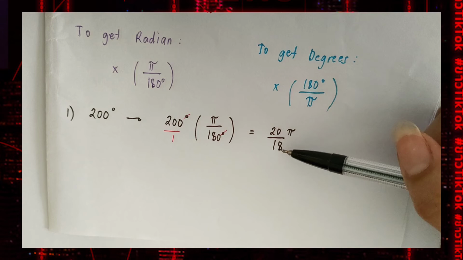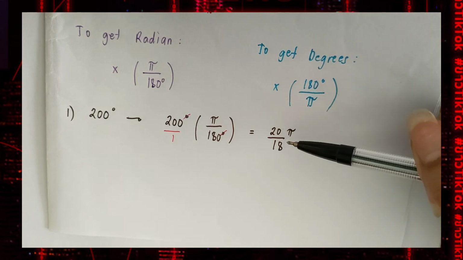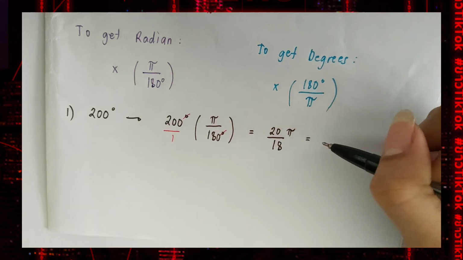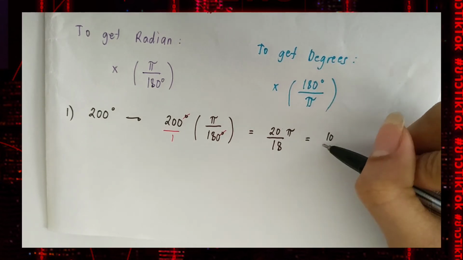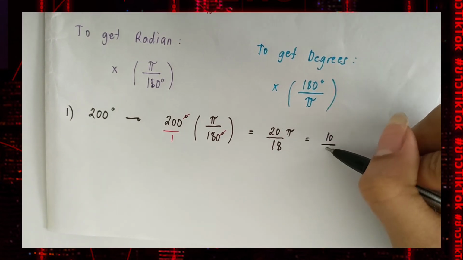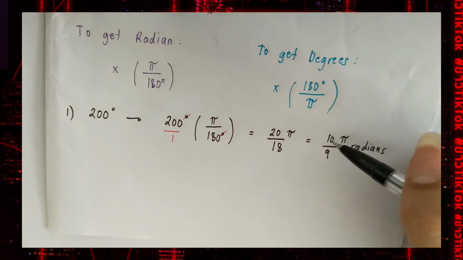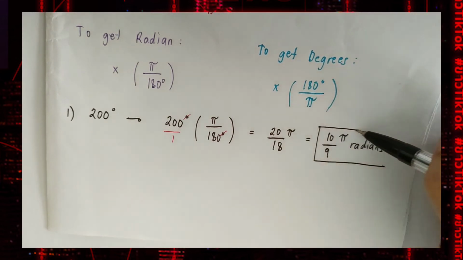We can still simplify this by dividing by 2. 20 divided by 2 is 10, 18 divided by 2 is 9, so 10 pi over 9 radians. This is now your final answer.